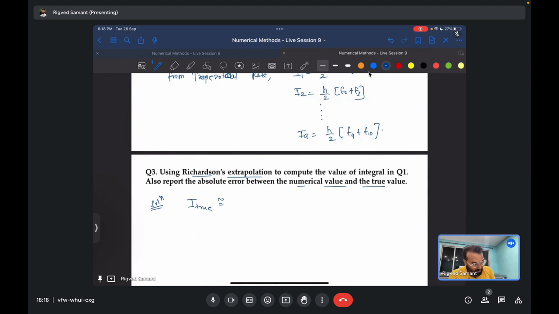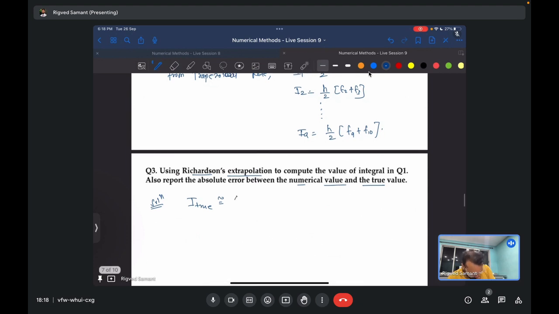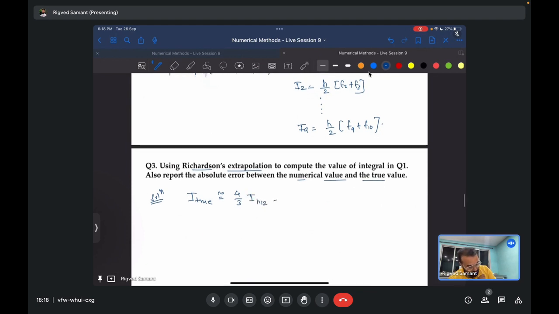So I true is nearly equal to 4/3 of I h/2 minus 1/3 I h.